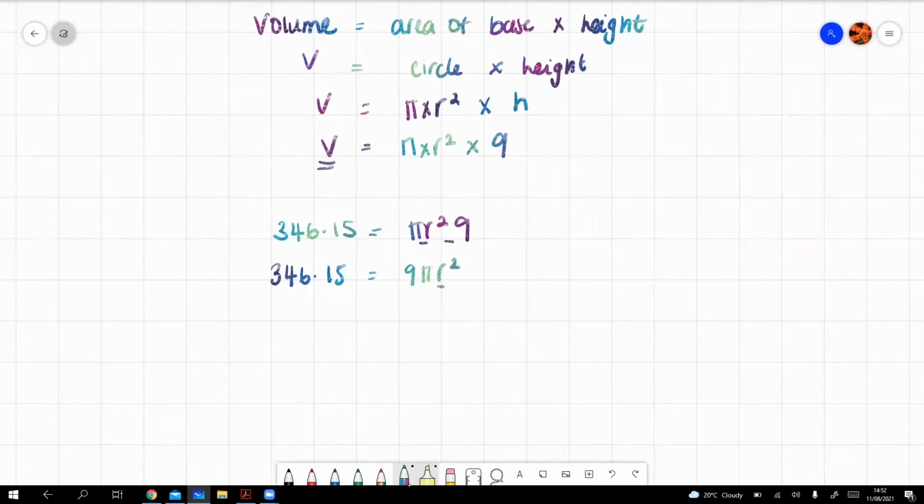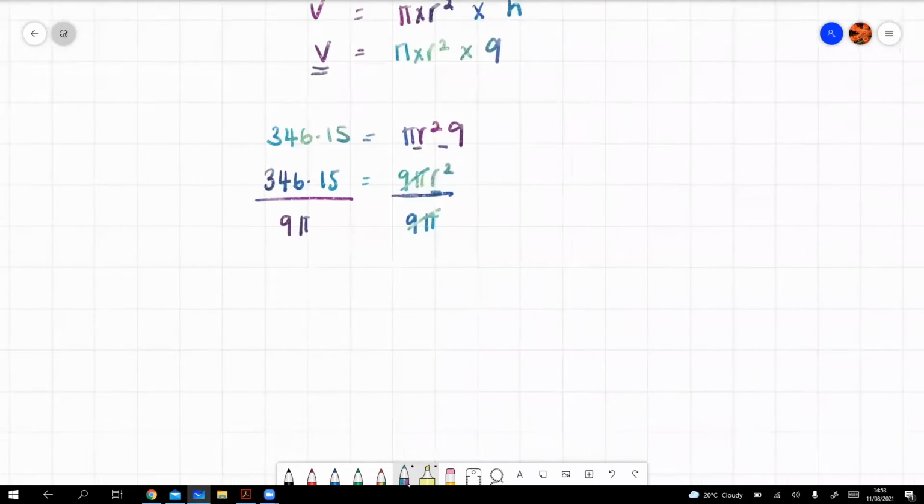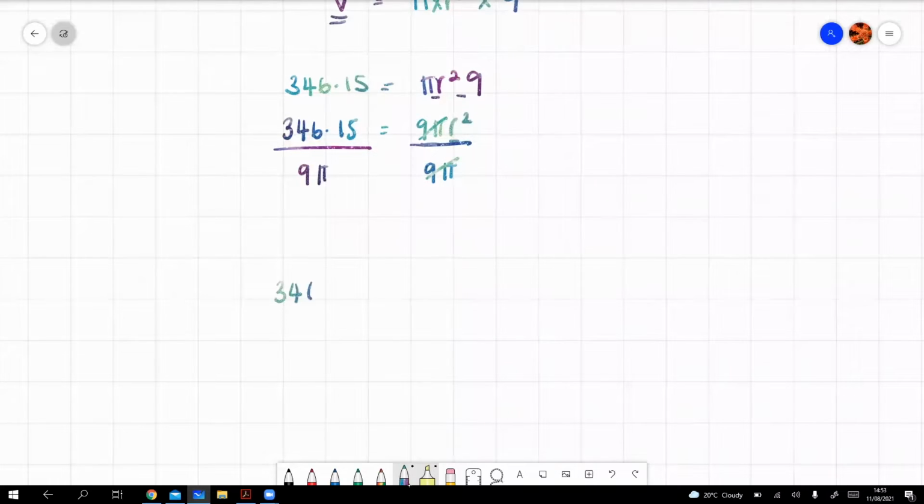Now, I just want to be left with the radius here. You can do this in two ways. You can get rid of the 9 pi in one go, or you can get rid of it one by one. I'm going to do it in one go, because it means 9 pi times radius squared. How do you get rid of a times by 9 pi? You divide by 9 pi on both sides. 9 pi divided by 9 pi cancels, and I'm going to leave the other side as a fraction for now because I want the accurate answer.